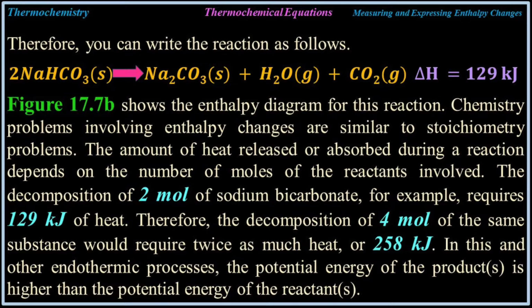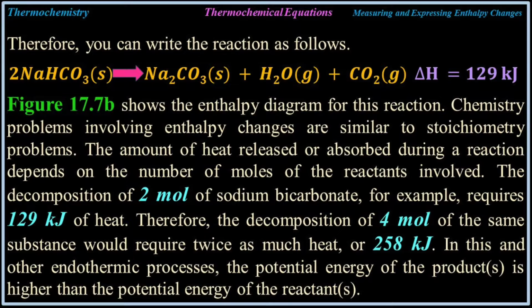Therefore, you can write the reaction as follows. 2 moles of sodium bicarbonate yields 1 mole of sodium carbonate plus 1 mole of water plus 1 mole of carbon dioxide, and the ΔH is 129 kilojoules. That's endothermic. Figure 17.7b shows the enthalpy diagram for this reaction.